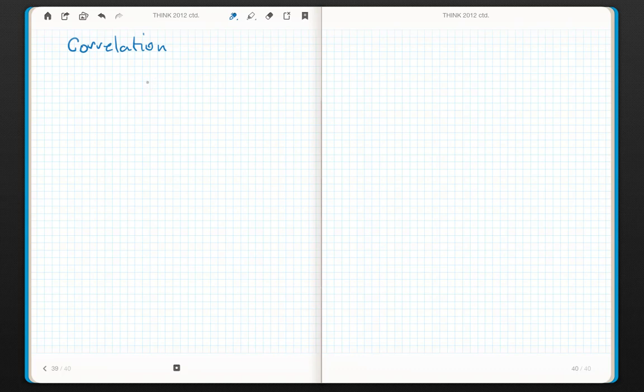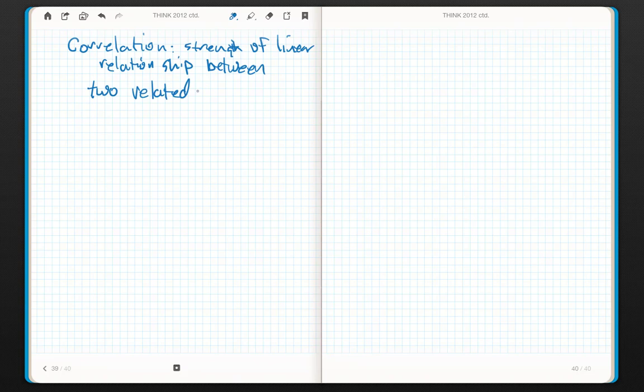This chapter is about correlation, all right? Correlation is real simple to get your brain around. What it is, it's the strength of a linear relationship between two related variables, and these are x, y.